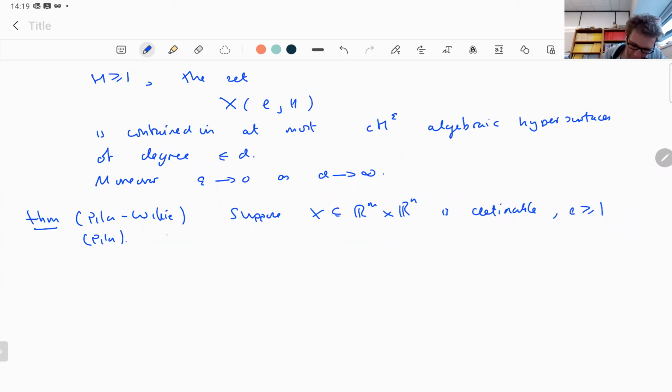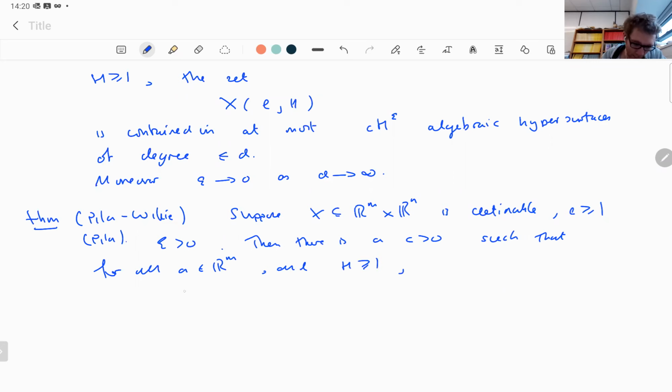I have an e at least 1, epsilon greater than 0. Then there is a C such that for every parameter and all H, the number of points on the transcendental part of the fiber, of degree at most e and height at most H, is at most C H to the epsilon.